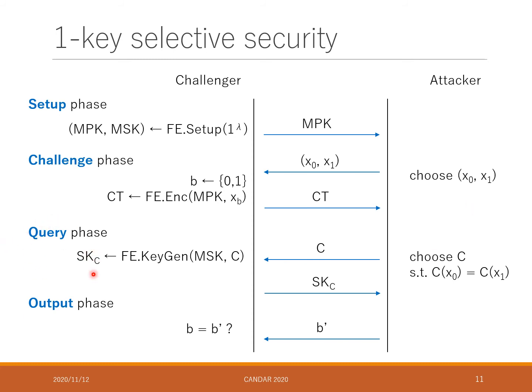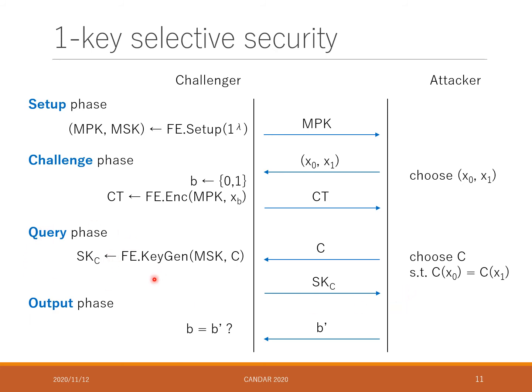In the query phase, the attacker chooses a circuit C such that C(x0) equals C(x1), and he sends the circuit C to the challenger. The challenger computes the functional key SK_C of the circuit C, and then he returns this SK_C to the attacker.